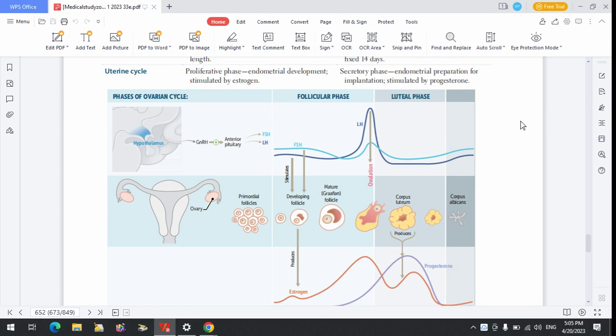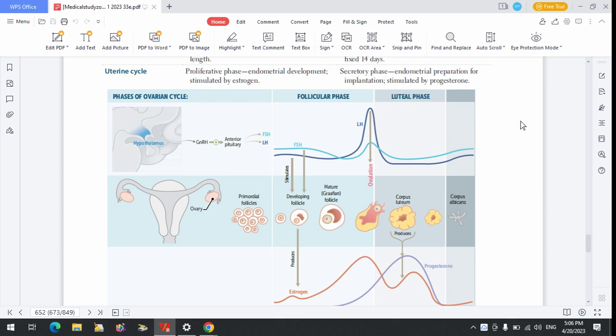Okay. So basically what we are saying is that there are two phases of the ovarian cycle, right? There's the follicular phase and then there's the luteal phase. And you know that the entire length of the menstrual cycle varies from woman to woman. Some people might have as low as 21 days, some people 35 days. But of the entire cycle, one phase is fixed and the other varies.